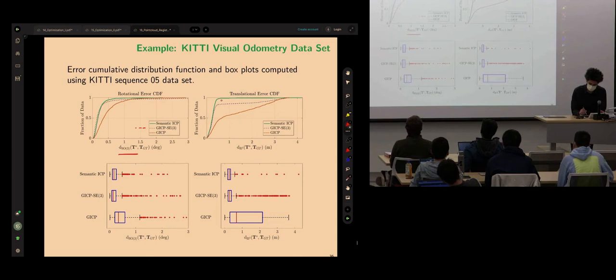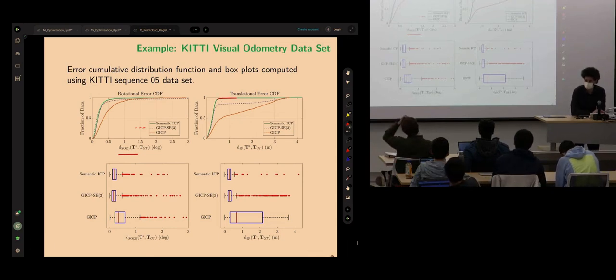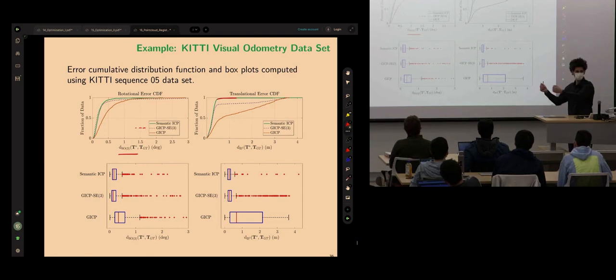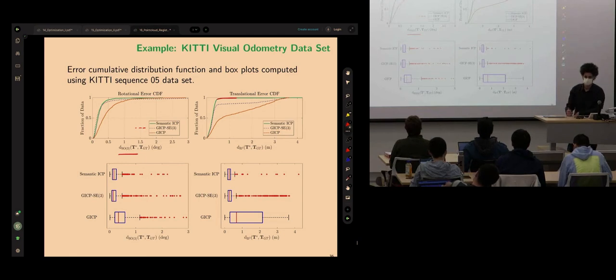With the semantic ICP, you can see the translation part is also improved, which is difficult to recover if you don't know if both are from the wall, right, and there's no label, there's no reason to move them. Whereas these weights can tell you to move points even if geometrically they're similar. Okay? The semantic space has its own notion of distance, which helps to guide the transformation.